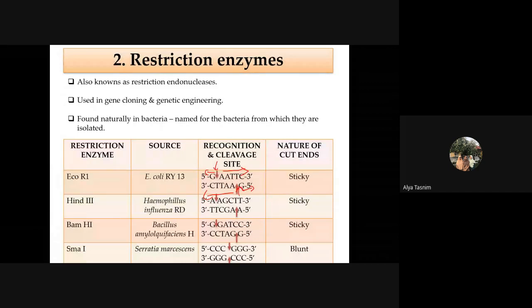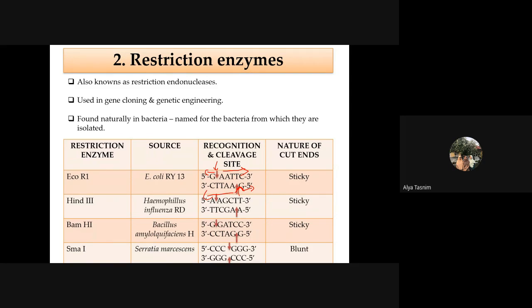Okay, so in order to insert the gene of interest, you also have to cut the DNA that contains the gene of interest using the same restriction enzyme. Why do you need to cut using the same restriction enzyme? So that it can produce the same sticky ends that can complement each other when you insert into the bacterial plasmid.